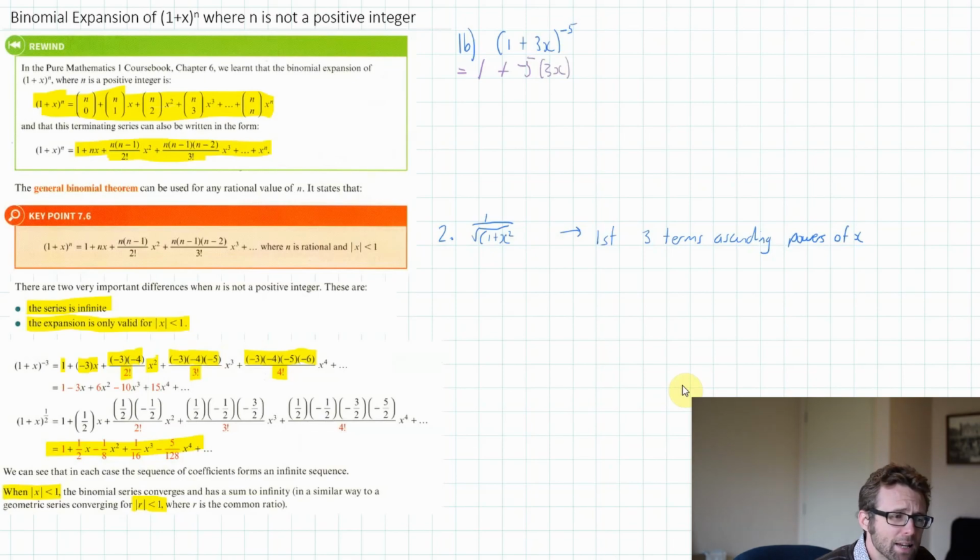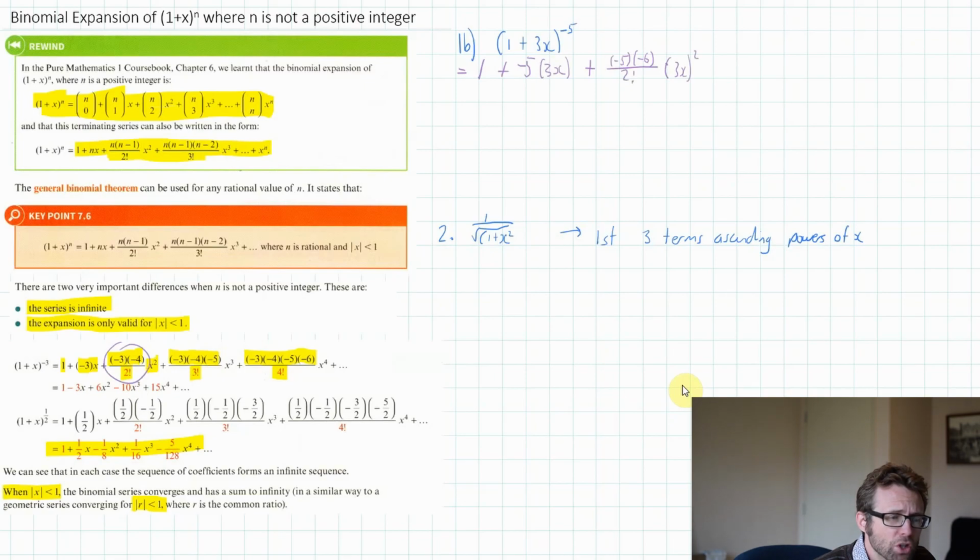I think I have to go up to my x cubed term. My next term is going to be minus 5, and remember we go up a power, into minus 6, all over 2 factorial. See, this is what we're doing here. And that's going to be multiplying by 3x all squared.